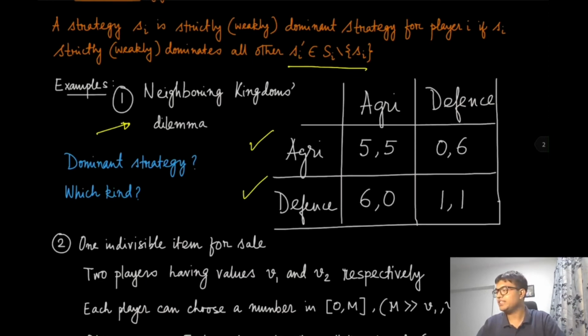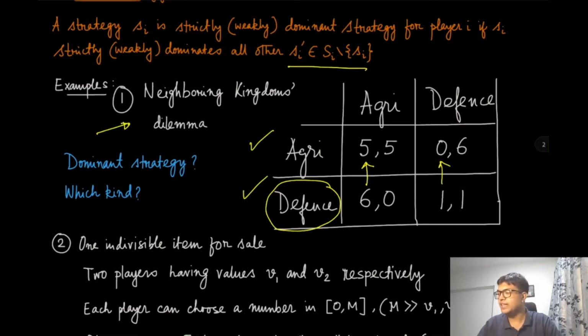So here we can see that if player 1 picks defense, the utility here is strictly more than the utility when he picks agriculture. And similarly, if the other player is also choosing defense, then also it is a better strategy. It's strictly better than the utility when it picks agriculture.